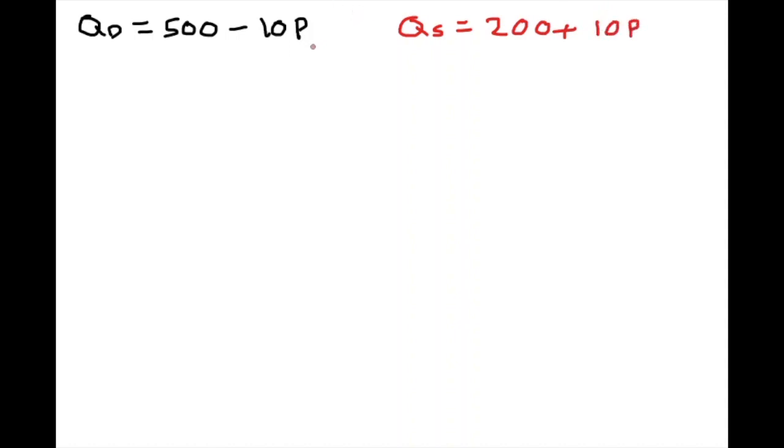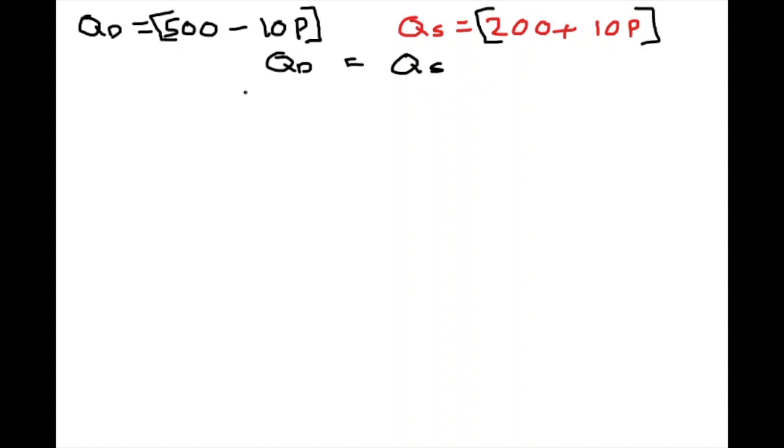So we have quantity demanded and supplied information, and we want to work out the equilibrium price and quantity in this case. What we do is we assume that in equilibrium the quantity demanded for a product is equal to the quantity supplied for a product. And if we do that, we can take the right hand side of our demand equation and the right hand side of our quantity supplied equation, and put them equal to one another to work out equilibrium.